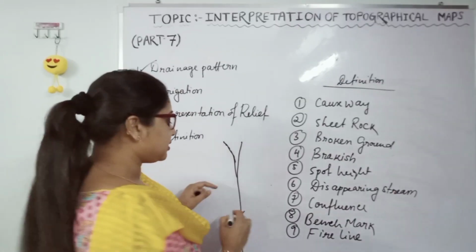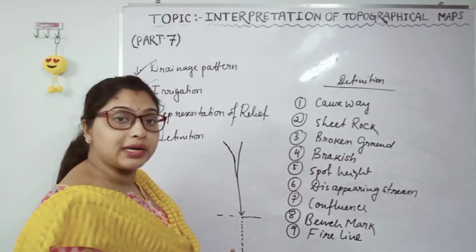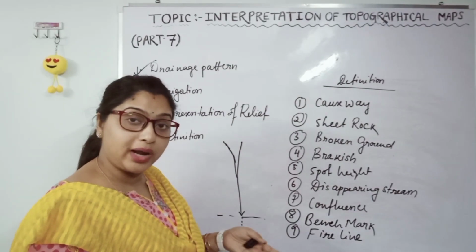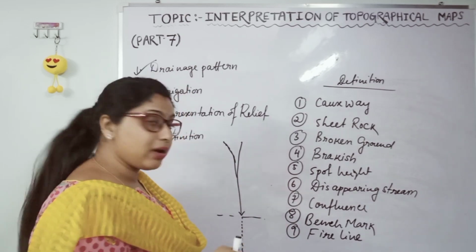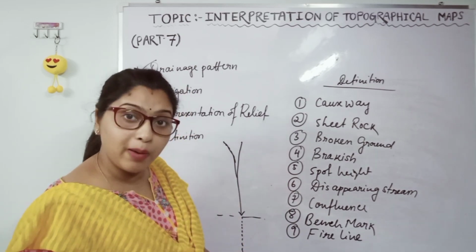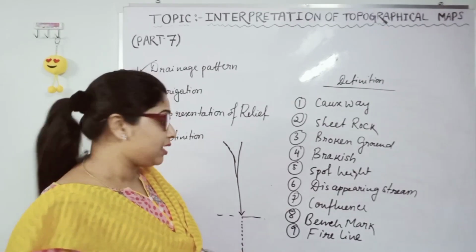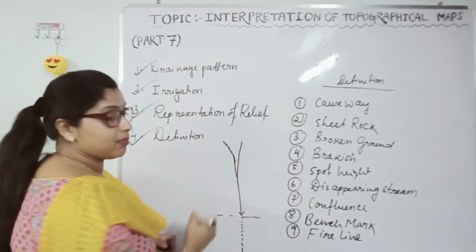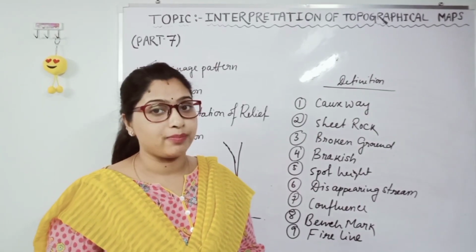It means that after this distance there is a sandy area, and due to the porous sands the stream goes underground, or due to high evaporation the stream disappears from there. Sometimes a disappearing stream is also known as an underground stream.